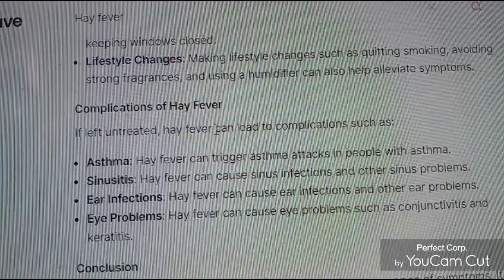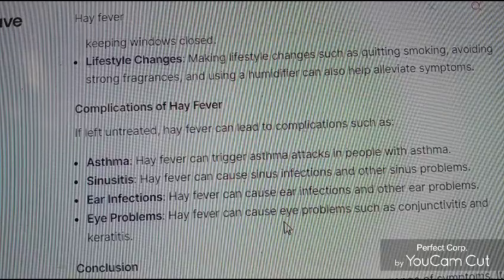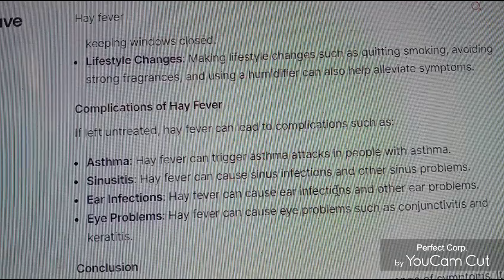Now they say complications of hay fever would be asthma, sinusitis, ear infections, frequent ear infections, eye problems. Okay, why? Well, again, they will say it's a fight with antigen.